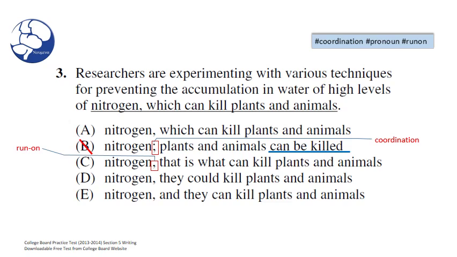If we move on to C, we have a different error. We have a comma trying to join two independent clauses. This doesn't work. This leads to a run-on sentence. In order for us to use the comma to join two independent clauses, we'd have to include a coordinating conjunction right after the comma. But we don't have one here, so we have a run-on. This isn't the only error here in C. We have another error.